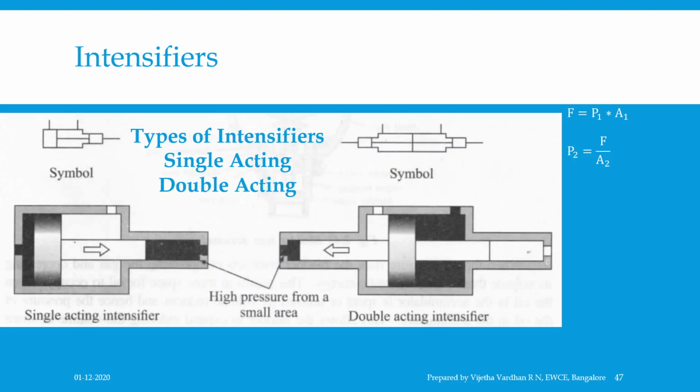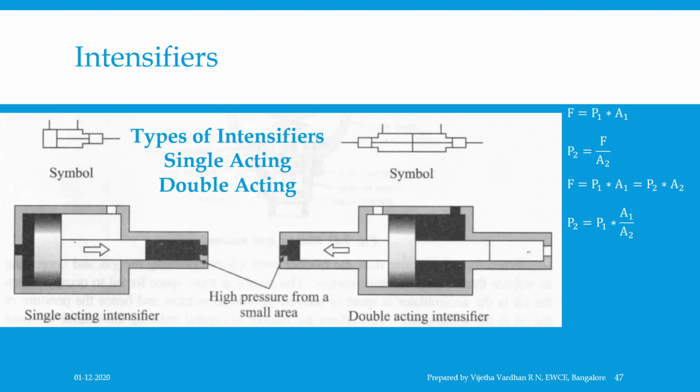The same force acts on the smaller plunger and develops the pressure P2, and P2 can be calculated by the formula F by A2, where A2 is the area of the smaller plunger, which is much smaller than A1, and hence P2 will be larger than P1. Since F is the same for both sides of the plunger, P1 A1 is equal to P2 A2.